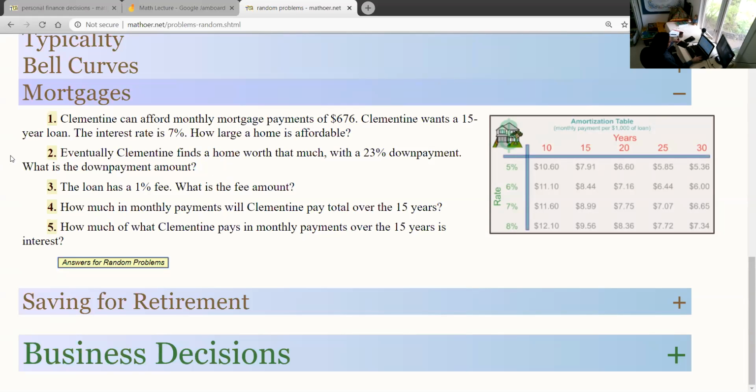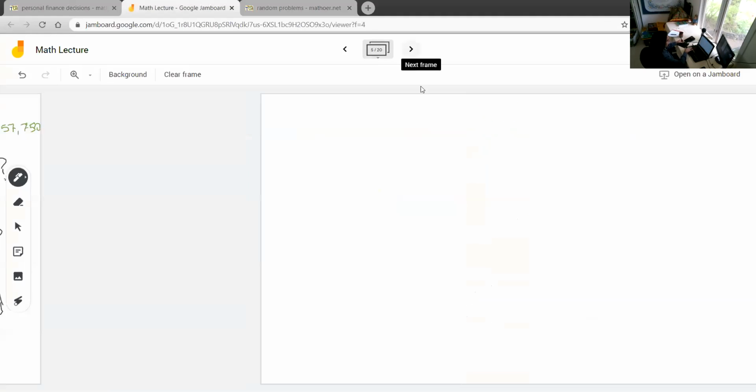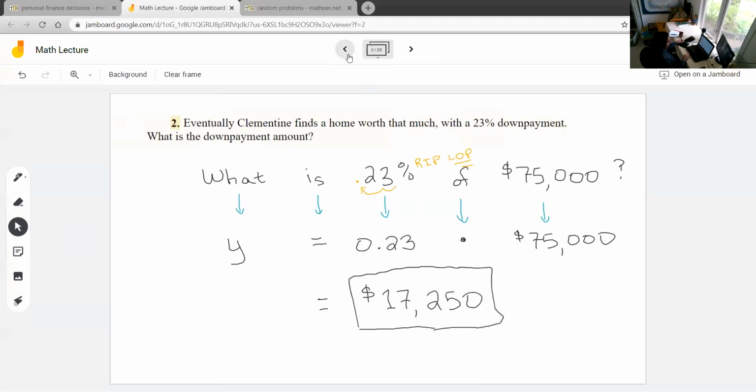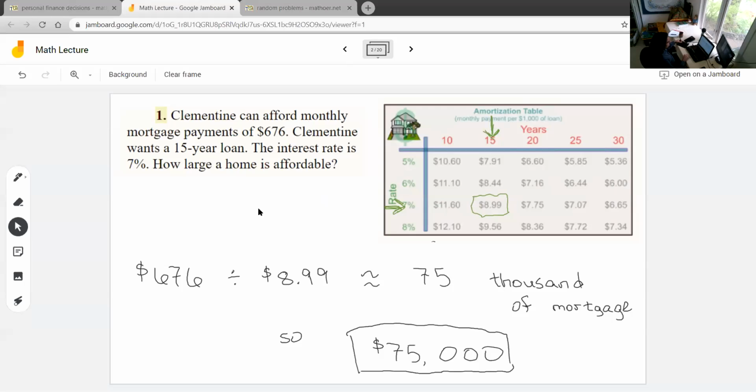Okay, number 4. How much will she actually pay over the 15 years? I need several pieces of old information. What do I need from this slide?